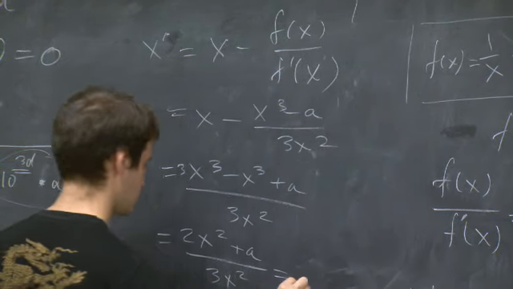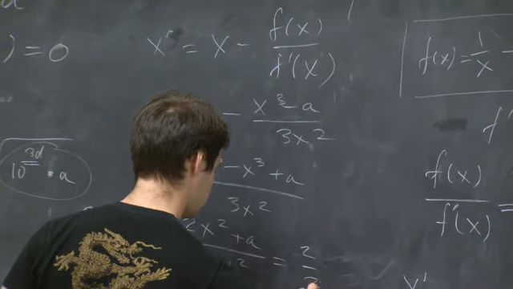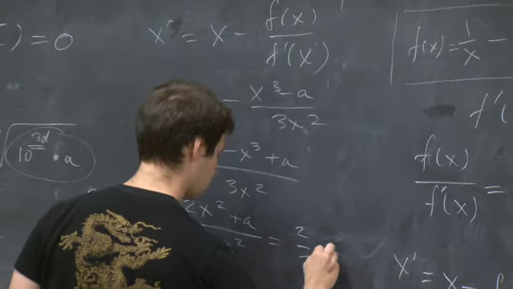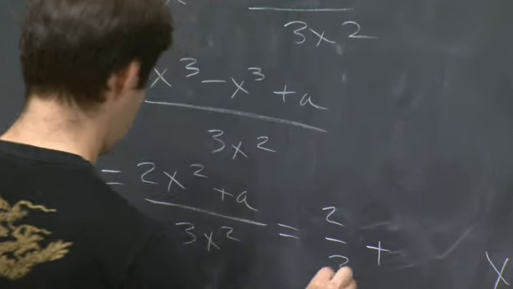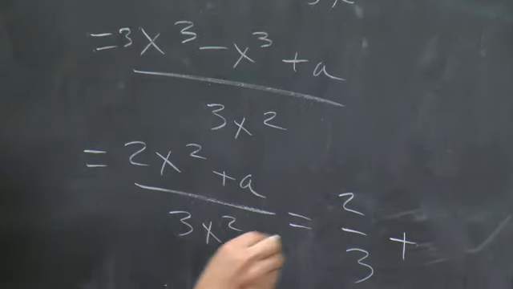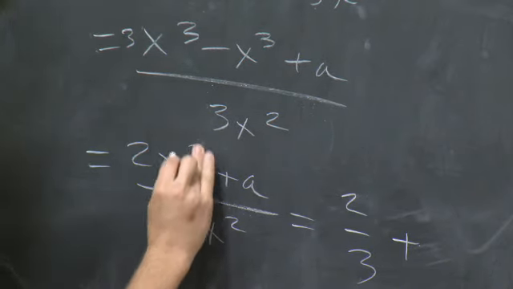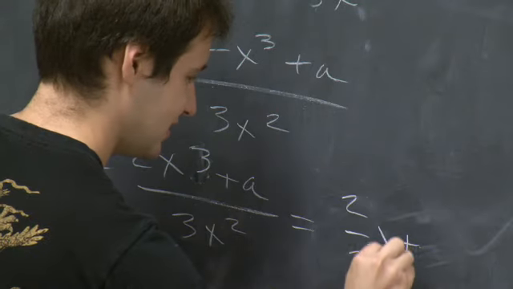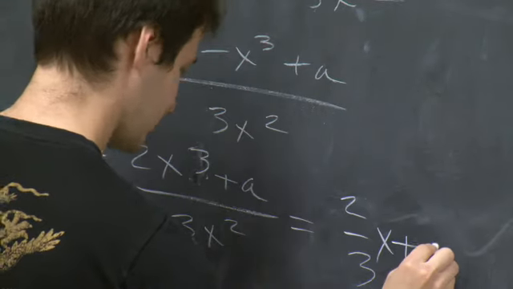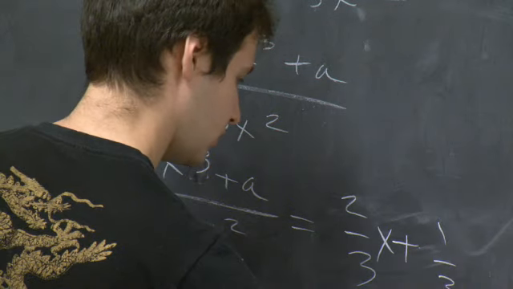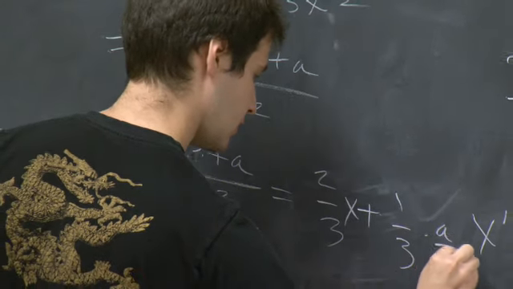So this is 2 over 3 x plus... You keep saying cubed and writing 2. Yeah, the numerator should be... Yeah, that's bad, right? Thank you. Plus 1 over 3 times a over x squared.